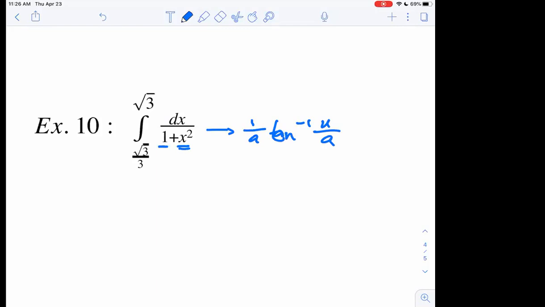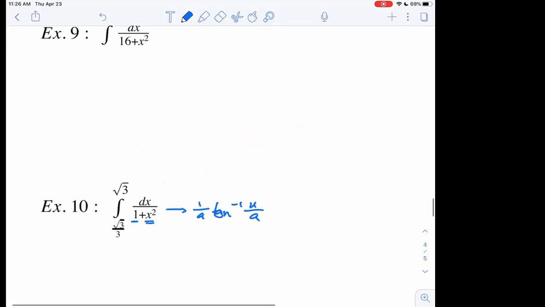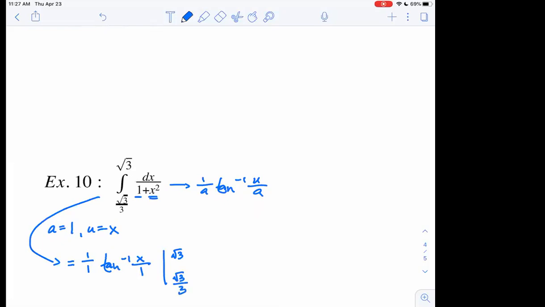In order to get to my answer, I have to identify my a and my u. My a in this case is 1, my u is x. So that means this integral is going to be 1 over 1 arctan of x over 1. And I'm going to plug in root 3, and root 3 over 3.